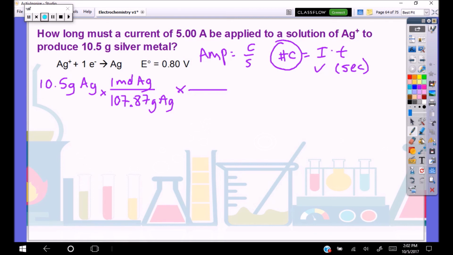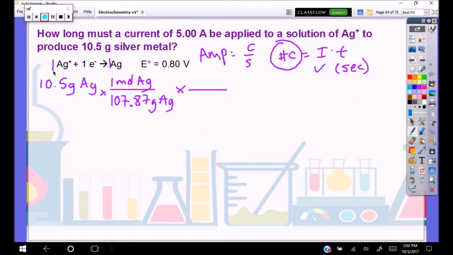Well, Faraday's constant has a unit of coulomb over moles of electrons, so we need to be able to get to moles of electrons in order to get back to coulombs, okay? So that being said, this is where our balanced equation comes in. Remember that this is technically a 1 in front of here and a 1 in front of here.